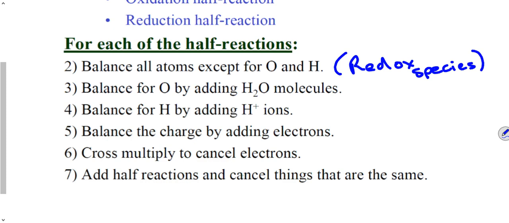We can balance and offset the hydrogens by adding protons, hydrogen plus 1 ions. And again, if it's an acidic solution, we will have these in abundance. And then finally, we're going to balance the charge difference that we created by adding electrons. We'll then find a common factor to cancel our electrons and put everything back together. So we're going to do redox species, oxygen, hydrogen, electrons, and then put it back together.